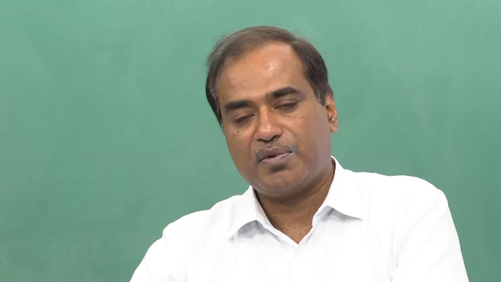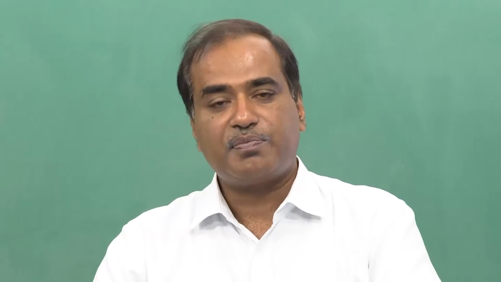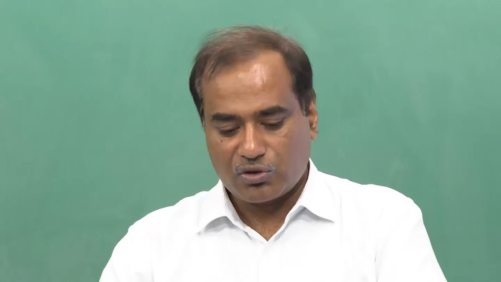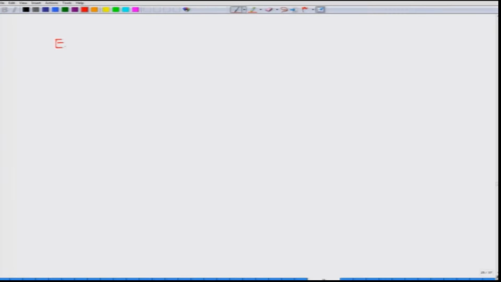In the model, there were 3 parameters: beta 0, beta 1 and sigma square. Out of those 3 parameters, we have estimated 2 parameters, but the third parameter is still left. So, we start with the estimation of the third parameter, which is sigma square.